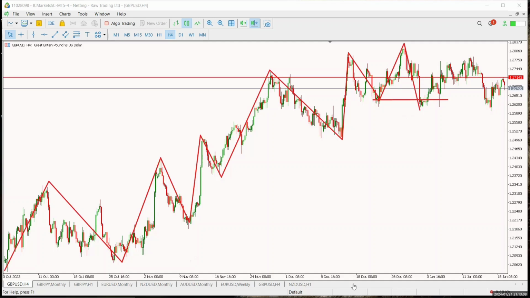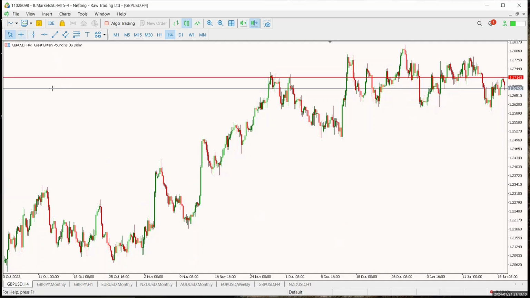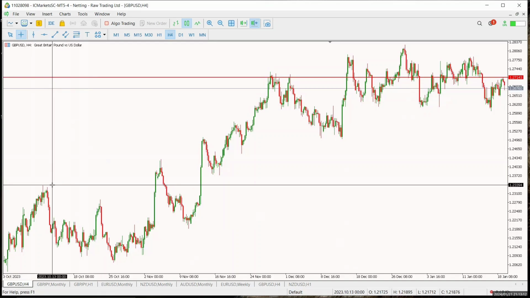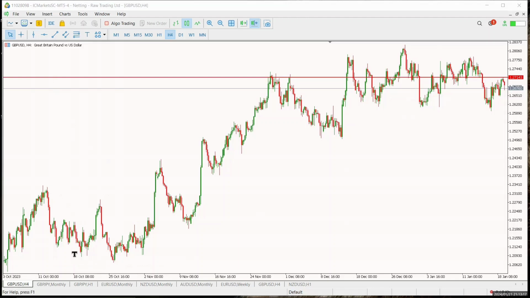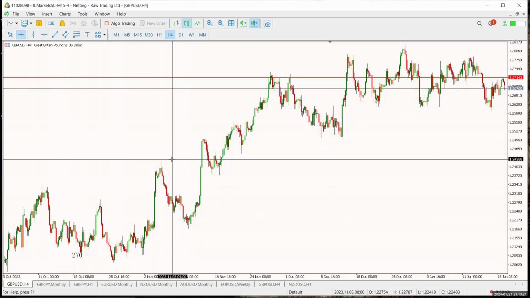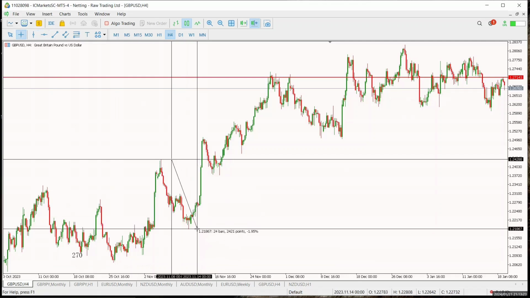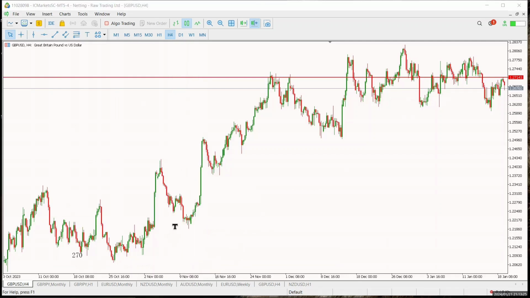Okay, so we now went and measured it from the ground here. This was 270 pips. We'll write it down. From here, from the high to the low point here, this is 242 pips. We'll write that down. It's a smaller fractal in comparison to the one before it.